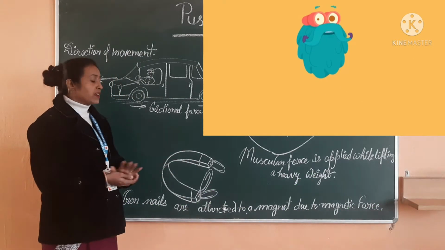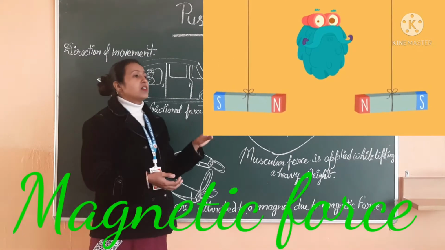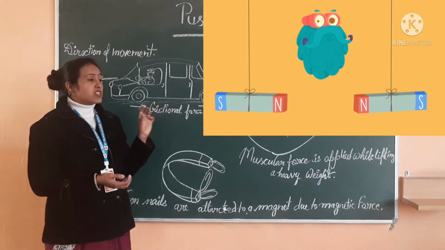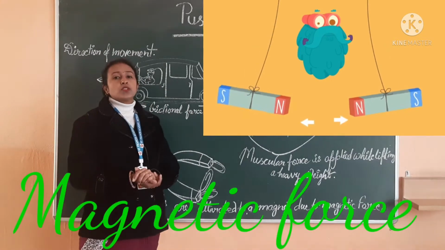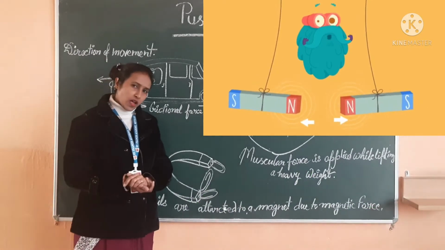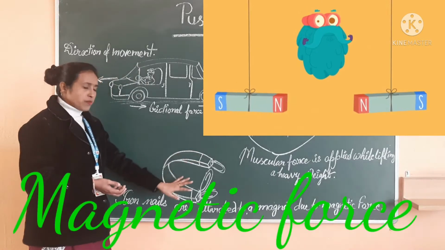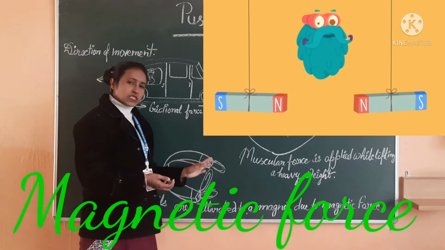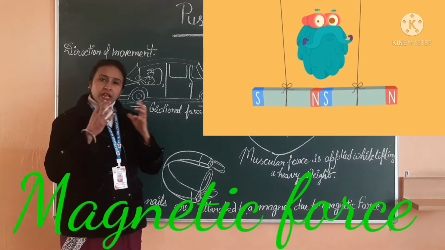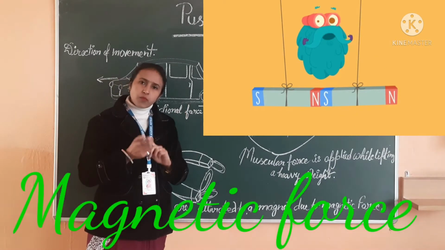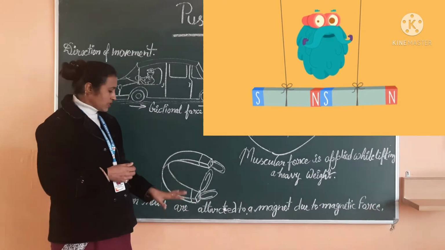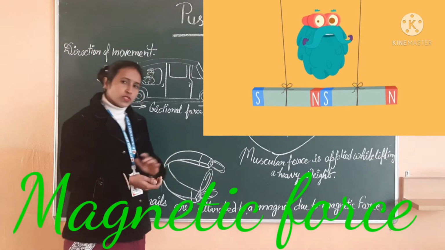A magnet creates a magnetic field around it and exerts magnetic force on some substances like iron, nickel, and cobalt. There are two poles, north and south. Same poles repel each other and opposite poles attract each other.